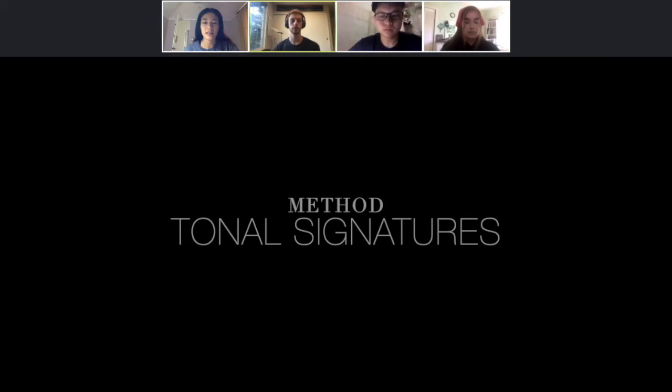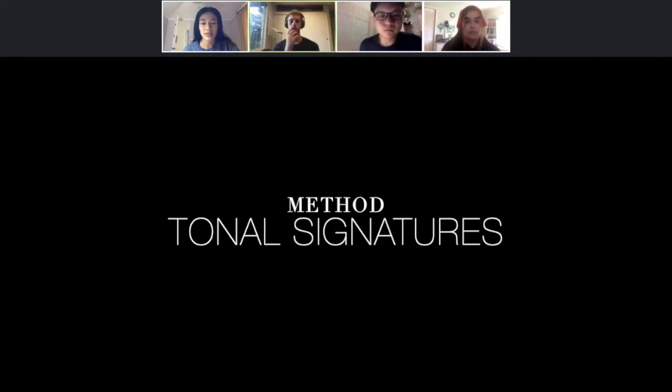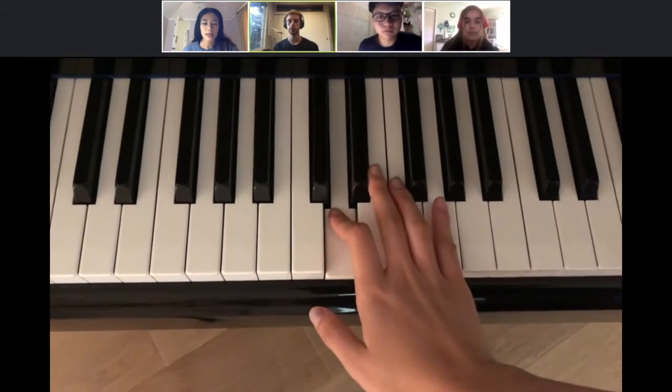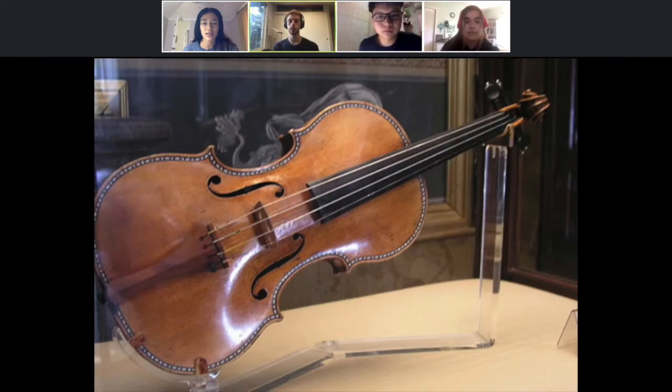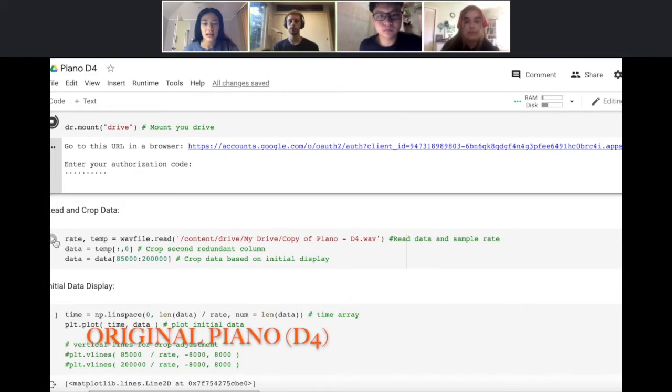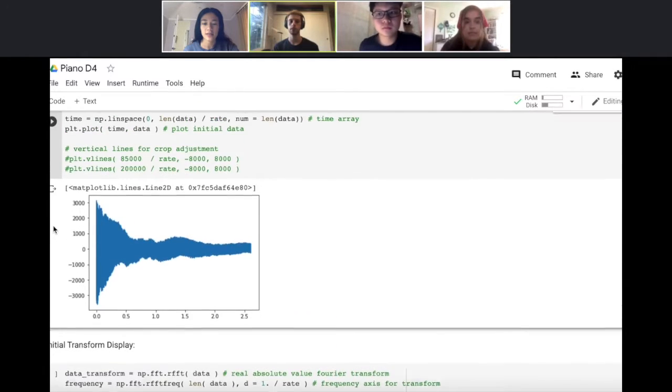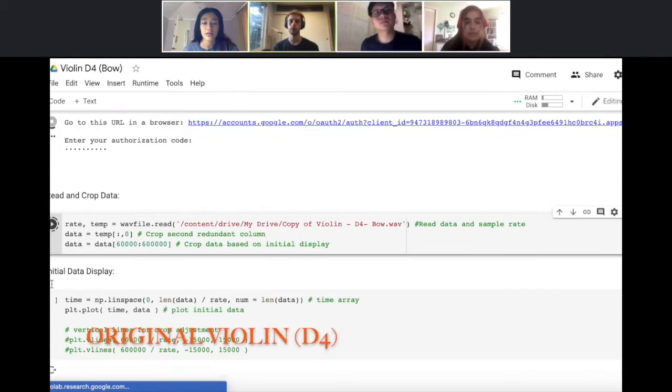Briefly, I'll go over our experimental procedure. First, we all tuned our instruments using the same online tuning app to ensure consistency in the note we produce. Then we recorded ourselves playing the sound. We uploaded the recording to Python as a WAV file for computational analysis. First, we applied an FFT on the WAV file to identify the fundamental frequency and overtones. This is the instrument's tonal signature.